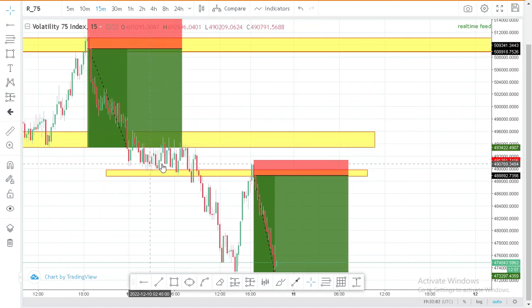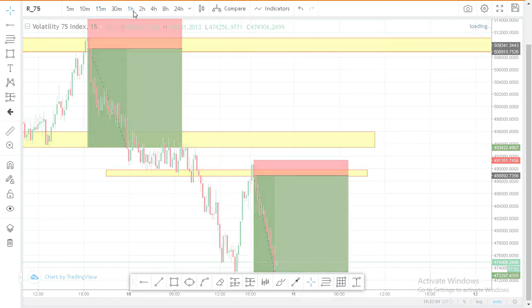So that would be my first entry. The second entry, I wouldn't enter there because the market is consolidating, or maybe I would enter on bigger time frames and hold two trades. It would depend, guys, on how I'm seeing the market at that time.